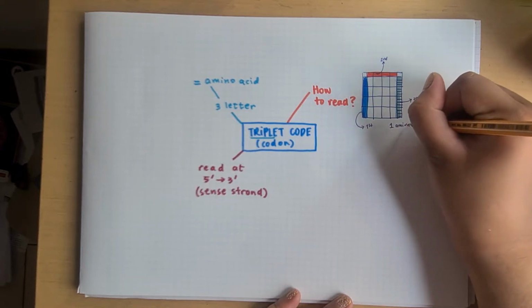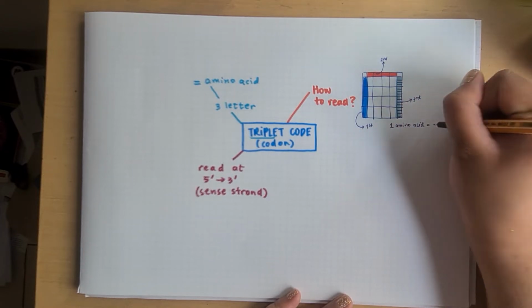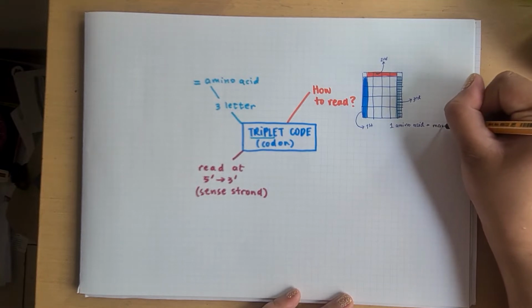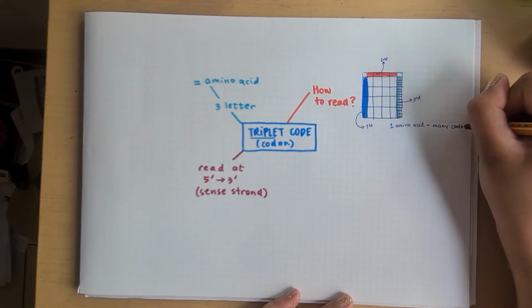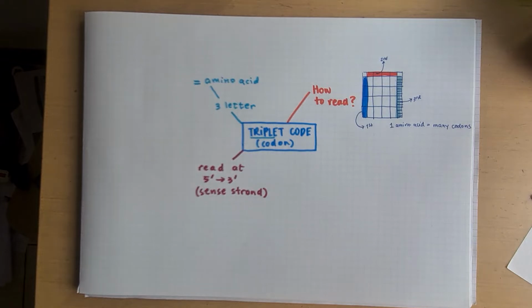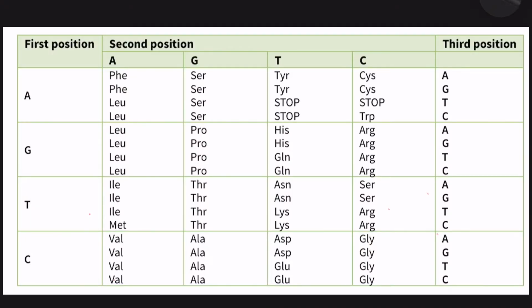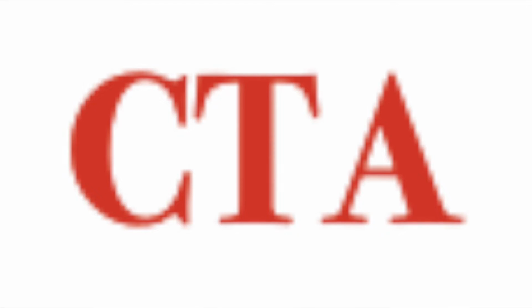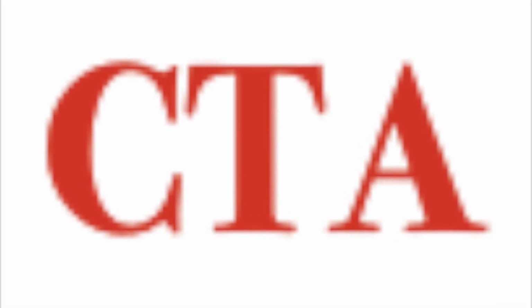When you check the table, you would notice that one amino acid has a lot of codes for it. That is fine, that is usual, but you would have to be careful in reading and matching it so as not to make a mistake in reading which code is which.